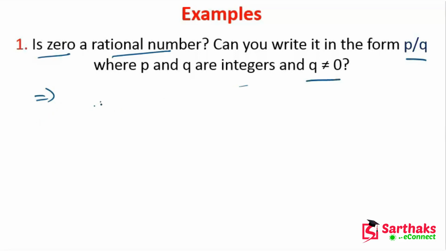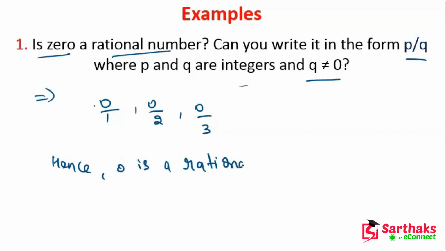So we can write 0 upon 1, 0 upon 2, 0 upon 3. Hence 0 is a rational number.